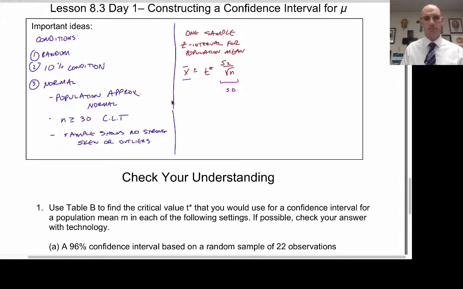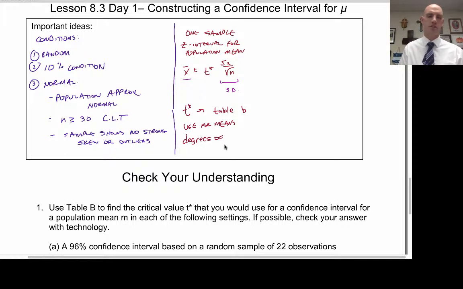Well, t star, we have a chart for that. T star comes from table B. And we use it for means. If we're doing confidence intervals for sample means, we're using a concept called degrees of freedom.